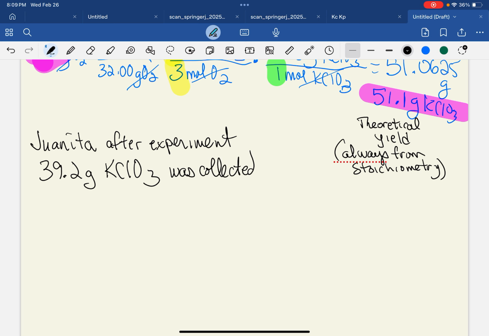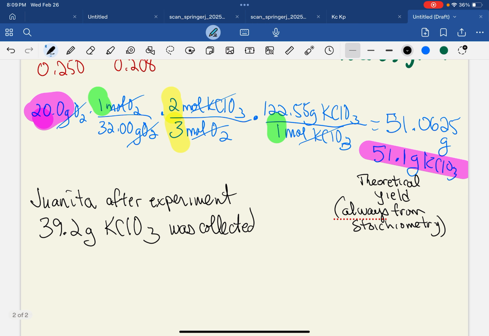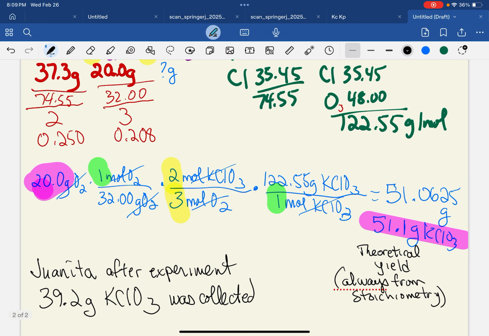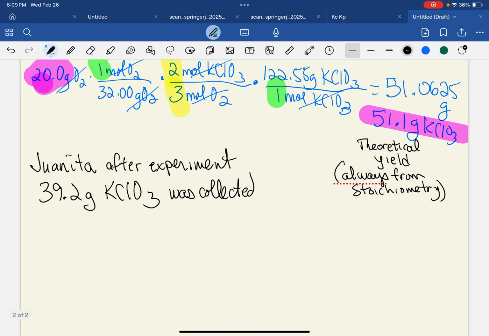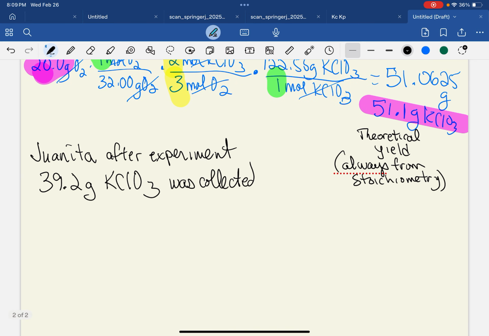That means she did the experiment with the 20 grams of O2 and the 37.3 grams of KCl, and she was able to collect 39.2 grams. We'll assume there are no impurities in there, that she just got it all, and that's what she got. So this would be the actual mass.